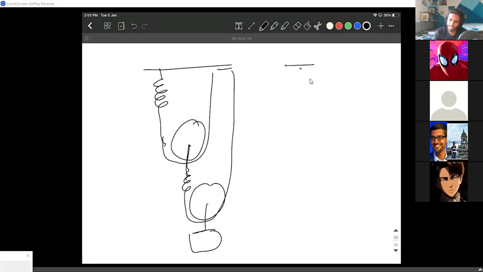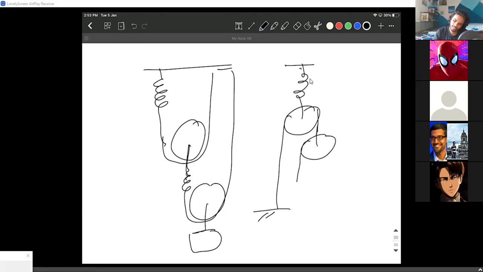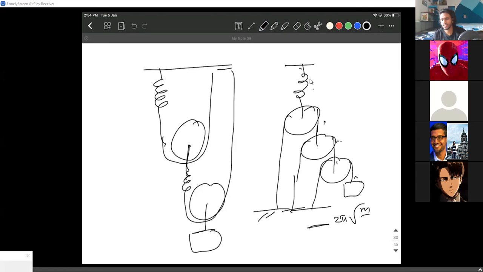There are more problems like this problem, right? By looking at it, I can give the answer, saying 2 pi root m by k, 2k, 3k, 18k. Sorry, 16k, I guess.